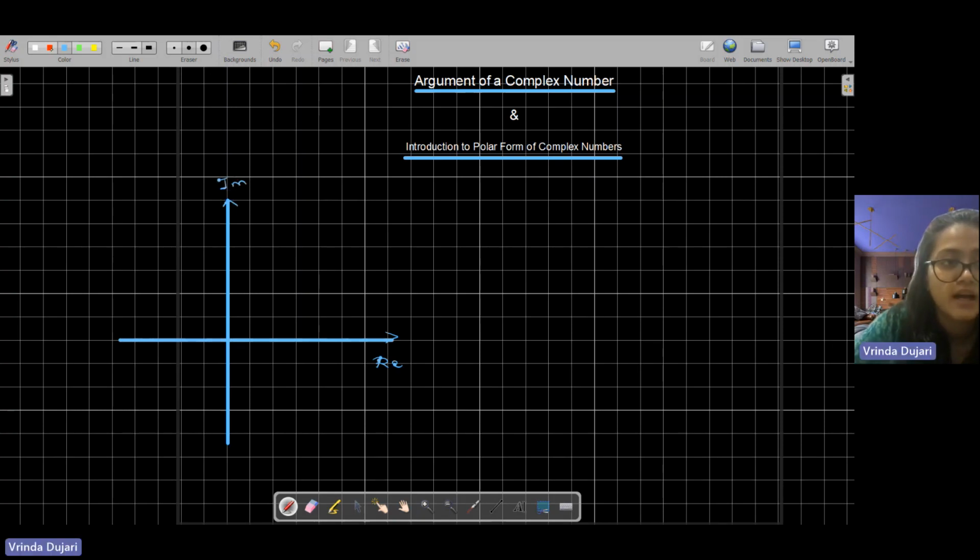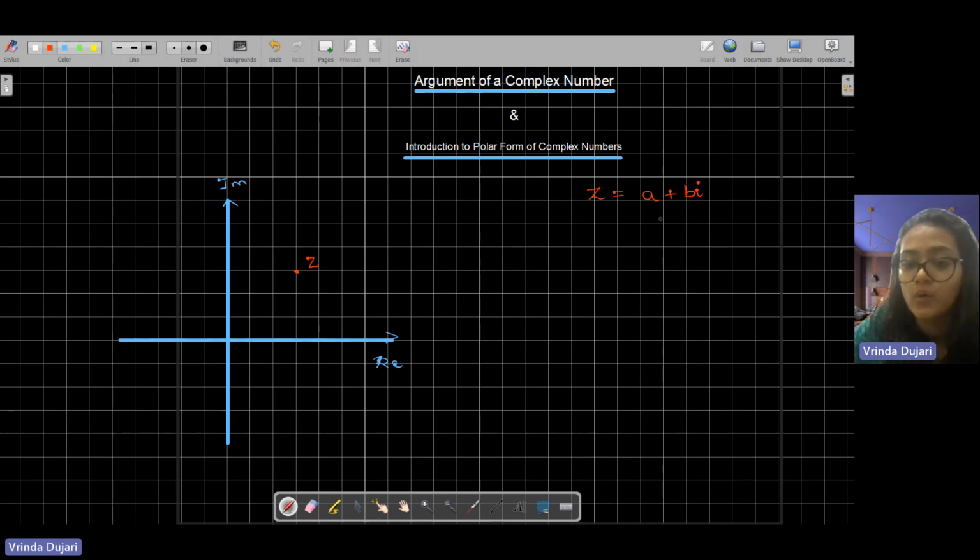Now we have seen that if we have a complex number z, which is a plus bi, where a is the real part and b is the imaginary part, we can actually represent it on a complex plane. Let's say it is somewhere over here. Okay, this is z.